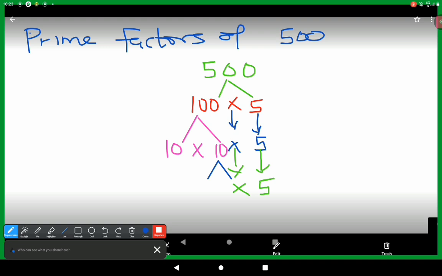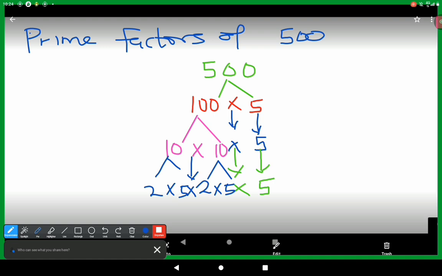I think that should be 2 times 5, right? Yes, 2 times 5. So put my sign down, times. Then break the other 10 as 2 times 5.